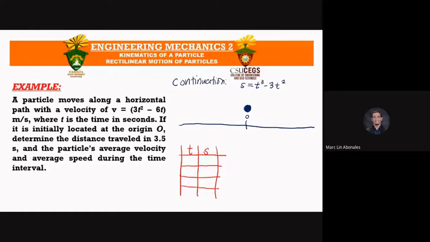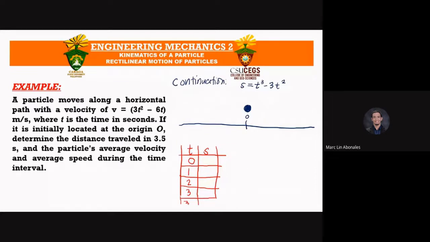We start with 0, then the interval could be by 1 until 3.5, since 3.5 is the final time. So that would be 1, 2, 3. Then the last time would be 3.5.